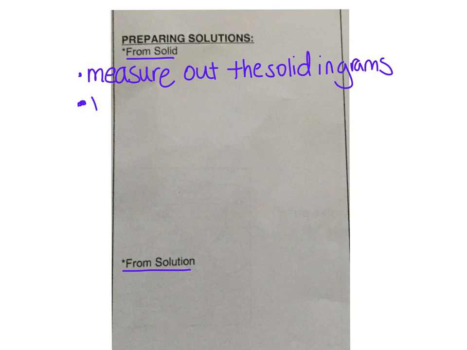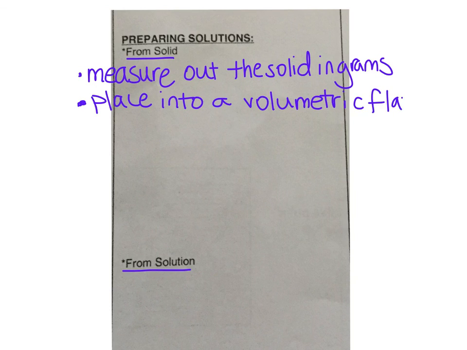You're going to place into a volumetric flask. Does everybody know what a volumetric flask is? So the one that's on that counter way over there, that's an Erlenmeyer flask. This one right here, this is your volumetric flask. Okay?